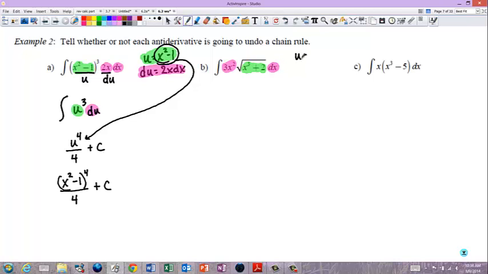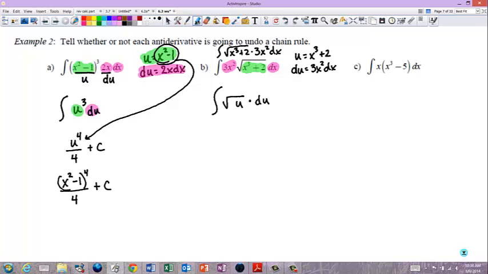So if I let my u be x cubed plus 2, take the derivative of that, and you get 3x squared dx. And I replace it. Well, it would be the square root of u times du, because I could rewrite this as the square root of x cubed plus 2 times 3x squared dx.